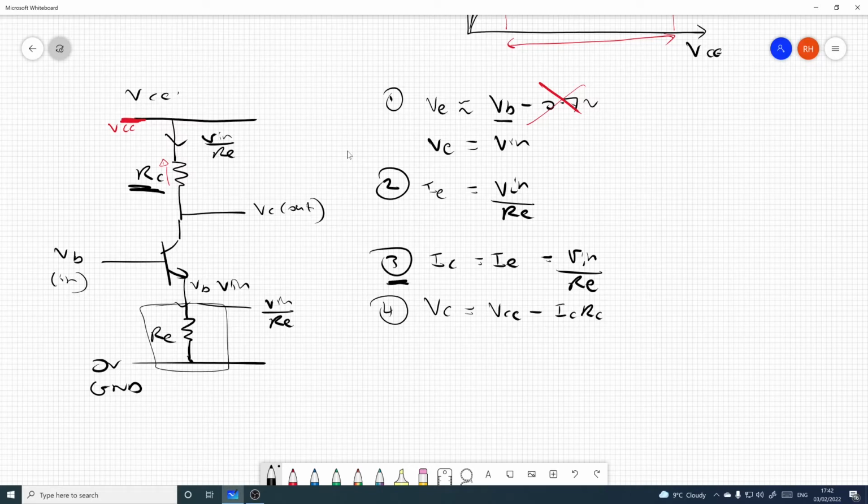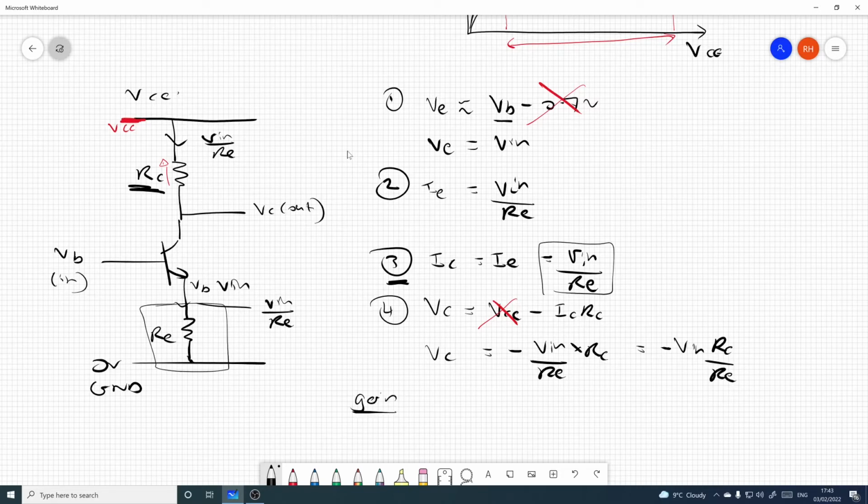But from point three we've got another expression for IC, and we've also got another DC term which we're going to drop. So VC equals minus this expression here, Vin over RE times RC, or if you want to put it a slightly different way, is equal to minus Vin RC over RE. Great. Now if you want to know the gain, it's out over in. And out is VC, and in is just Vin as we called it.